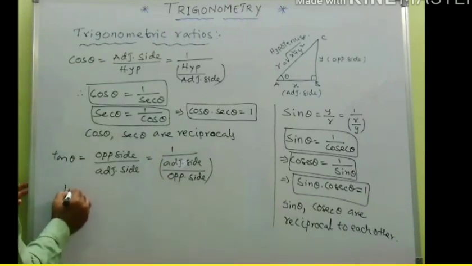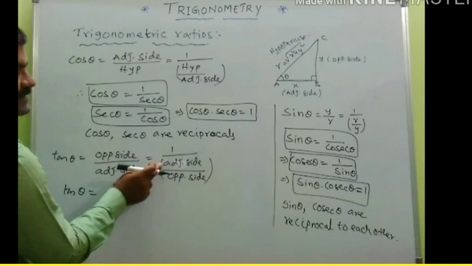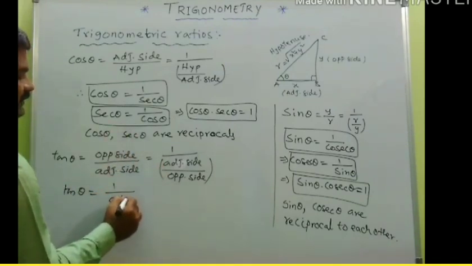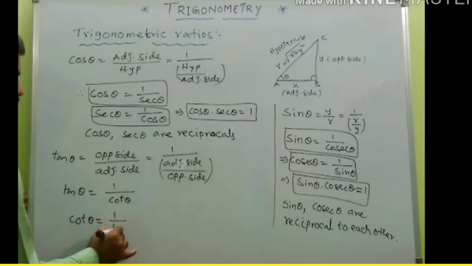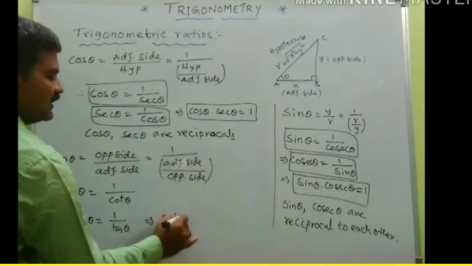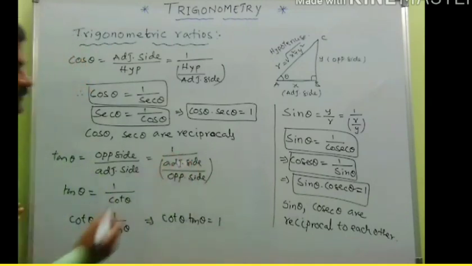So you know tan theta is equal to 1 by the ratio between adjacent and opposite, which is cot theta. Therefore cot theta is equal to 1 by tan theta, and from this we can also write that cot theta into tan theta is equal to 1.